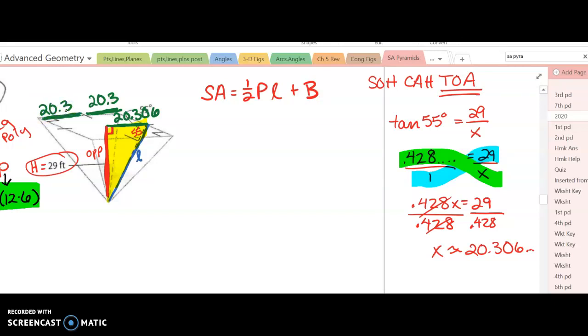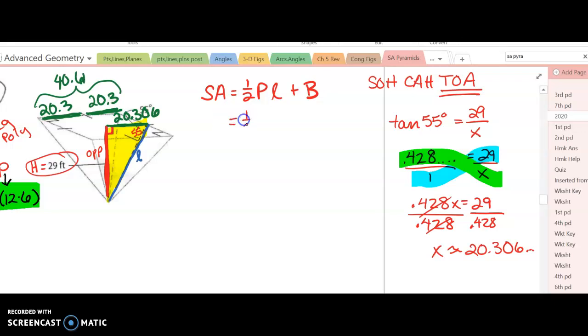So that means a whole side length would be 60. Whoa, accidentally multiplied by 3. Make that a whole side would be 40.61.